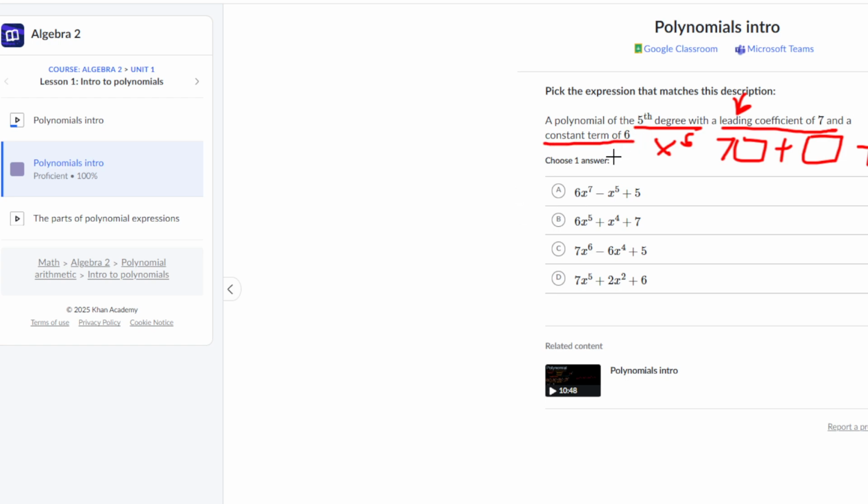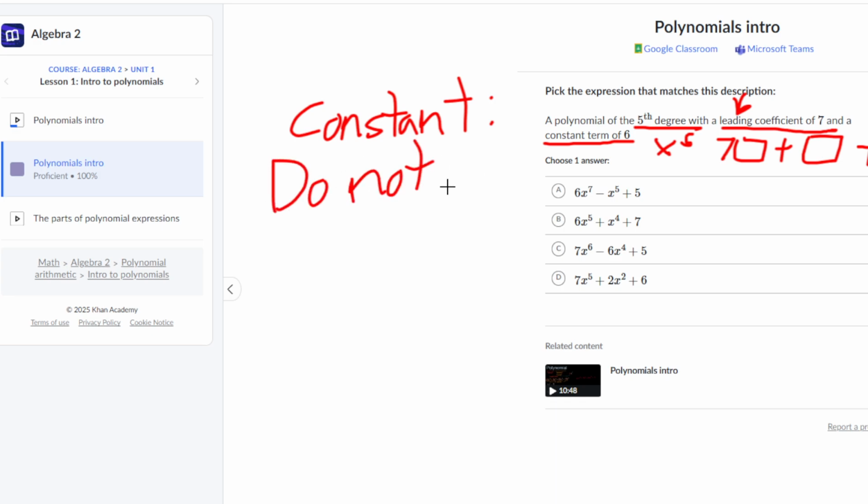So when we're thinking about constant terms, we're thinking about what is a value that does not have a variable beside them, right?